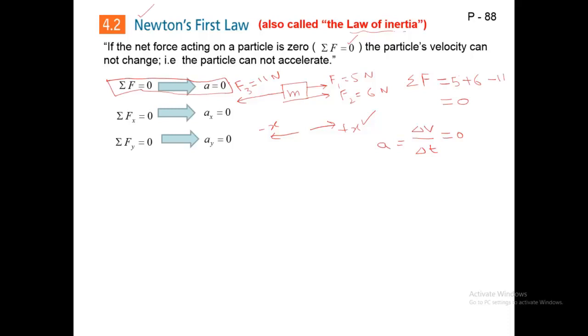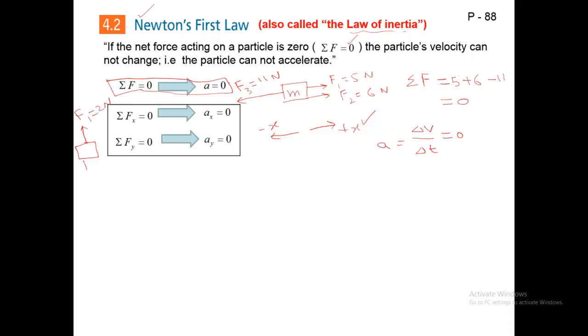Sometimes all the forces are acting along the x-axis, like the example I gave you. Sometimes the forces are acting along the y-axis. For example, you have this object, you have this force F1, for example, 2 Newton.